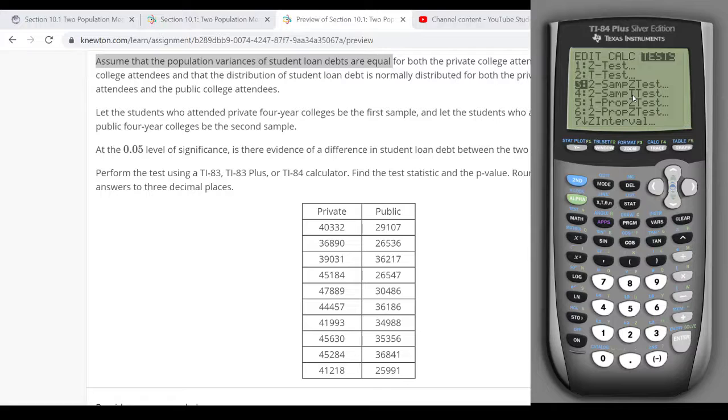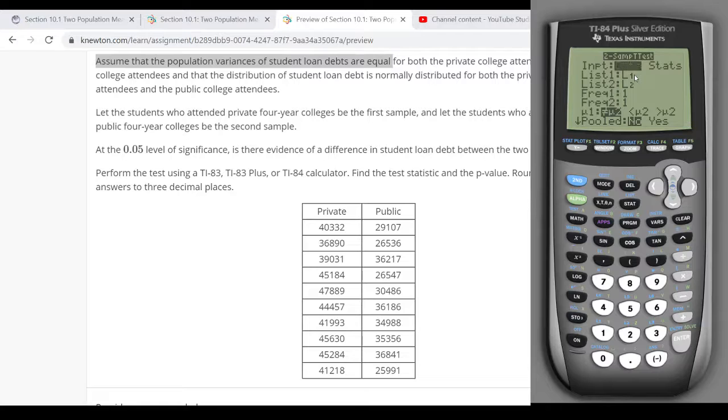This is a case where the two population standard deviations are unknown, so our test statistic will be a t-score. We're going to be working with a t-distribution, Student's t with so many degrees of freedom. So go down to number 4, 2-SampTTest. This is for a test about the difference between two population means.